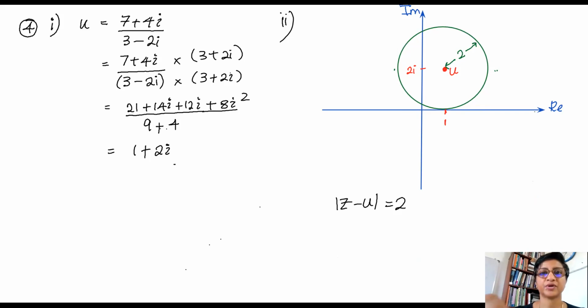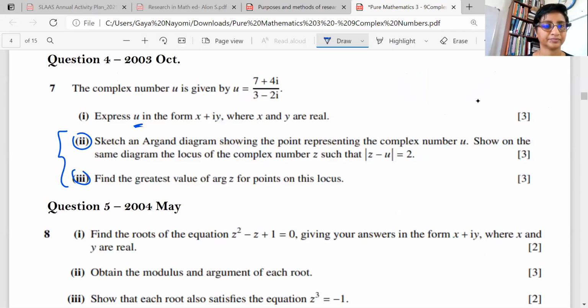Now, what do they say next? Find the greatest value of arg z for points on this locus. So the locus is a circle. Find the greatest value of arg z.